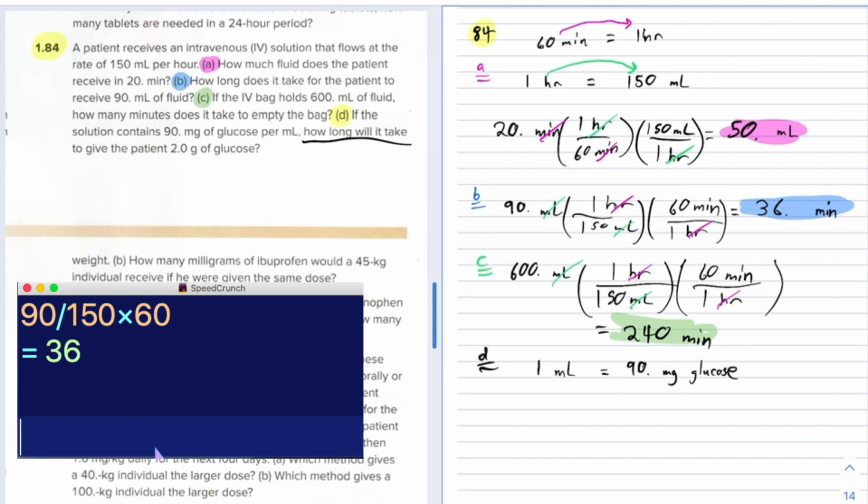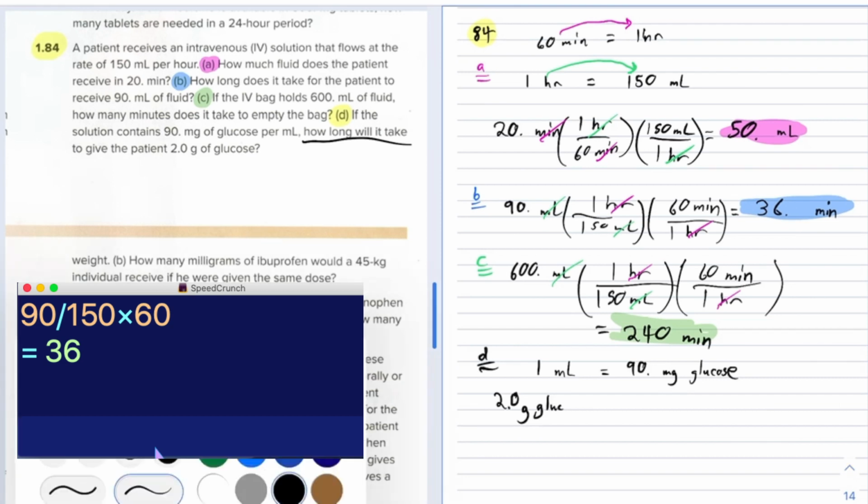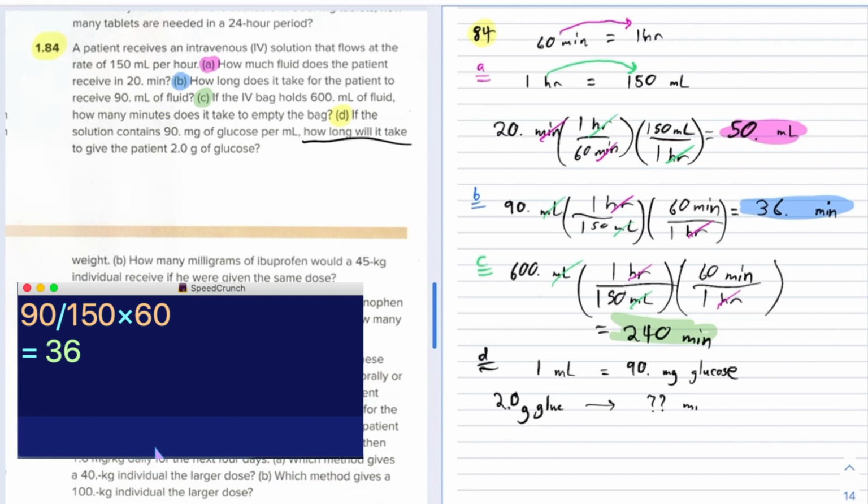Okay, and if the patient is given 2 grams of glucose, can we figure out how many minutes that will take?